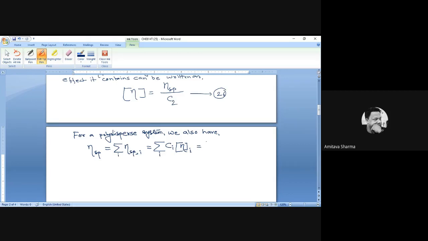So we can say by using the Mark-Houwink equation, putting the value, intrinsic viscosity equals K into average molar mass to the power a. Nothing else; we have just put in the Mark-Houwink equation.